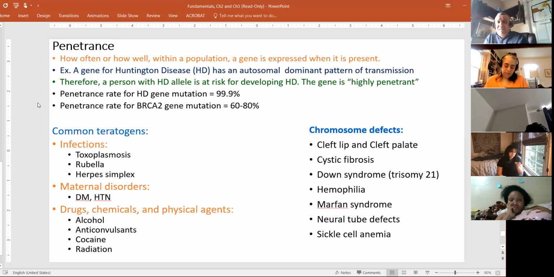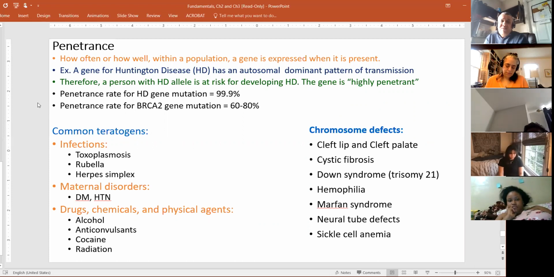And here are some examples of the chromosome or inherited conditions. The inherited diseases, for example, patients with sickle cell anemia, hemophilia, or Marfan syndrome. These are chromosome defects.